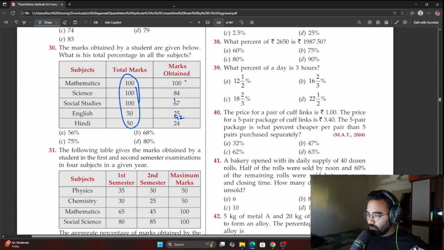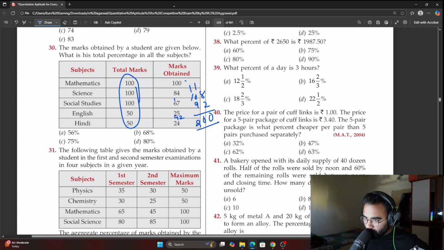Oh, this is just wonderful. Then we have 84 plus 24 gave us 108 plus 92 is 9 plus 1, 10. So this is 200. Okay, so this fellow has scored a total of 200 out of 400.